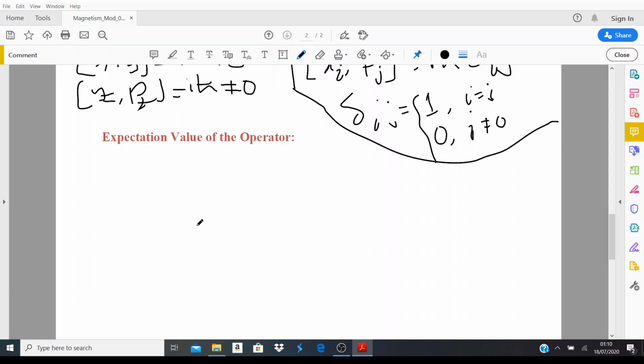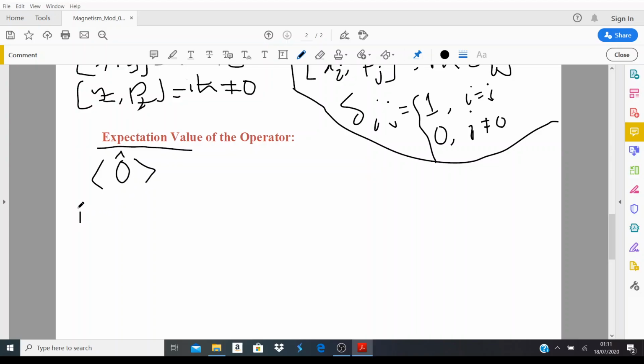Let me first define the notation. Let's say we have some operator which is Ô. O stands for operator, and if I put an angular bracket on both sides, this represents an expectation value of the operator O. And the next question is, how do you calculate this quantity?